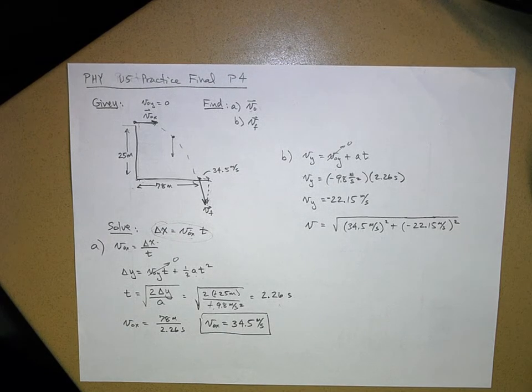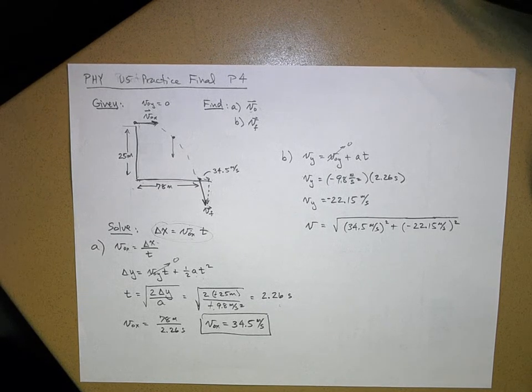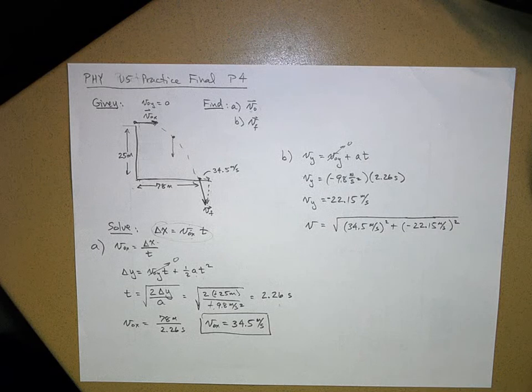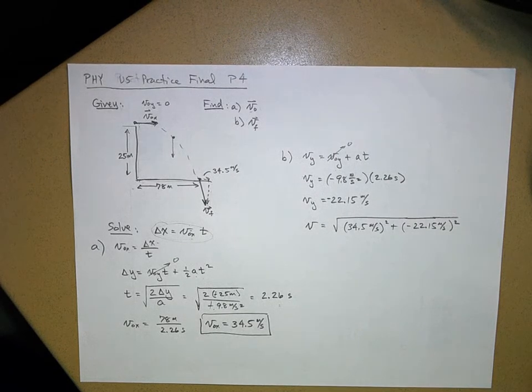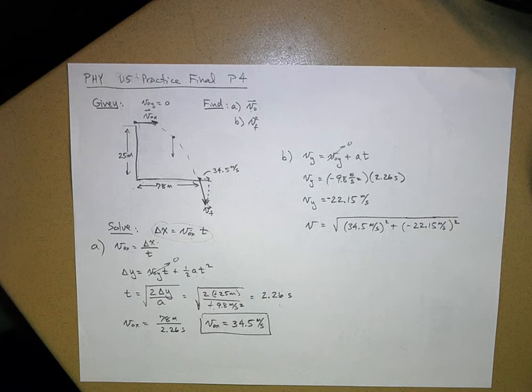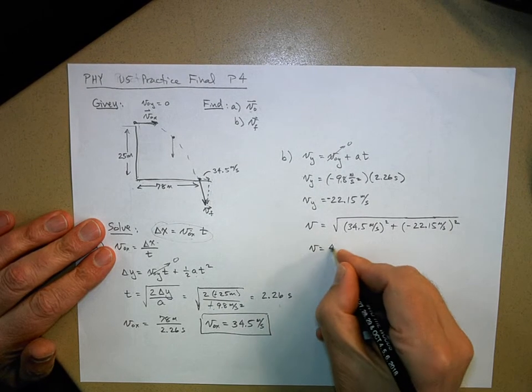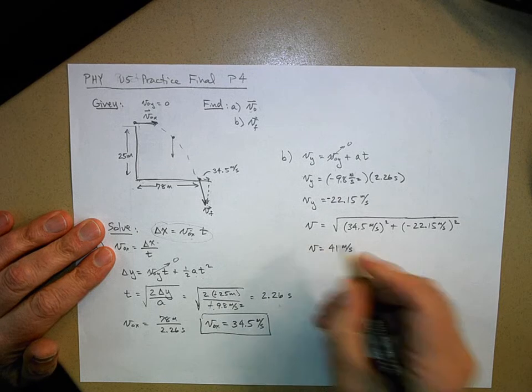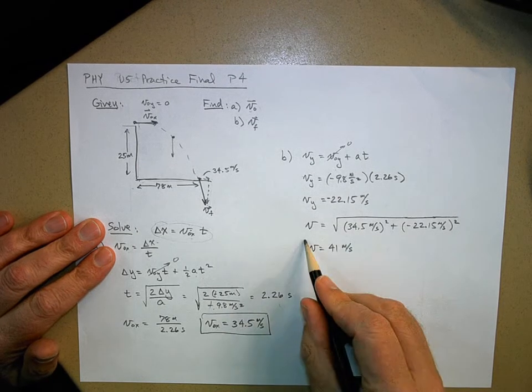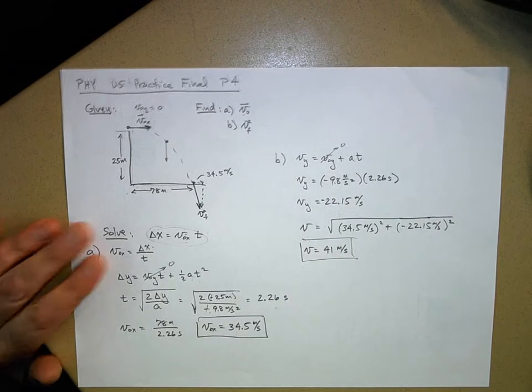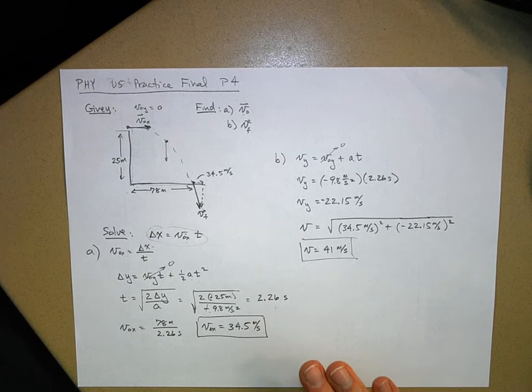So 34.5 squared plus 22.16 squared equals 1,681, but then I have to take the square root of that, and I get 41. So that's the magnitude of the final velocity. Did you all get that?